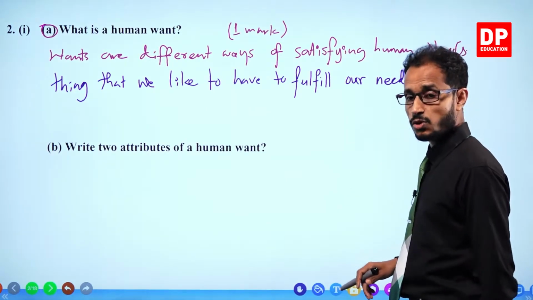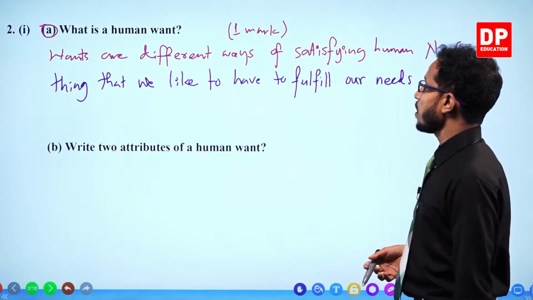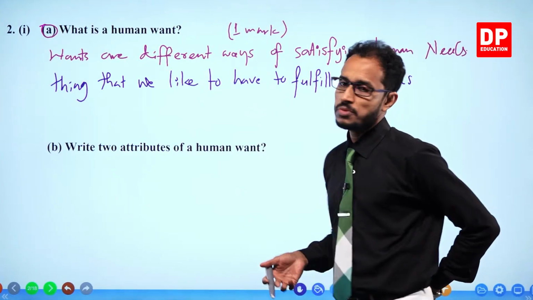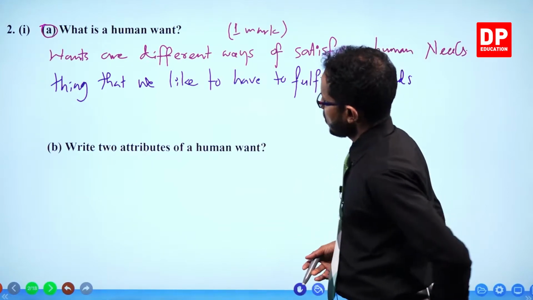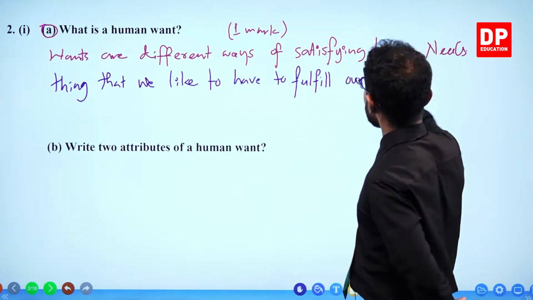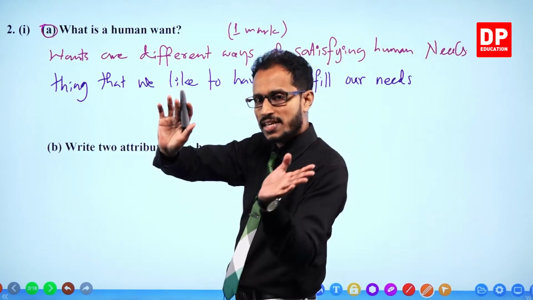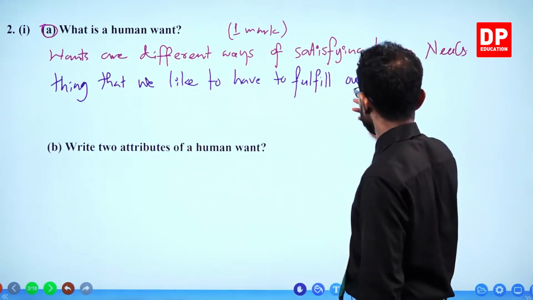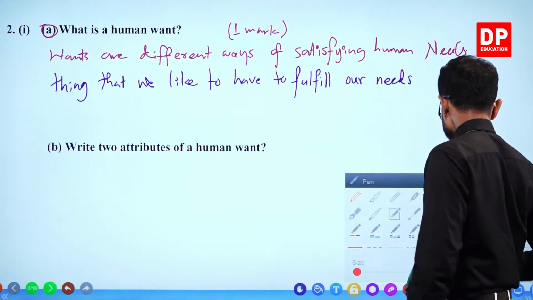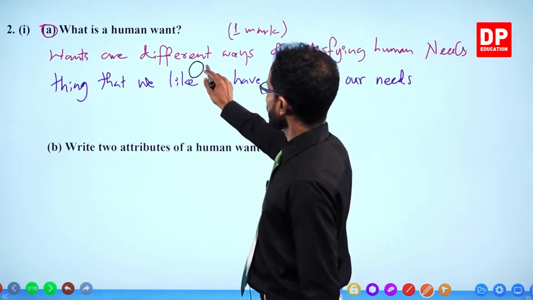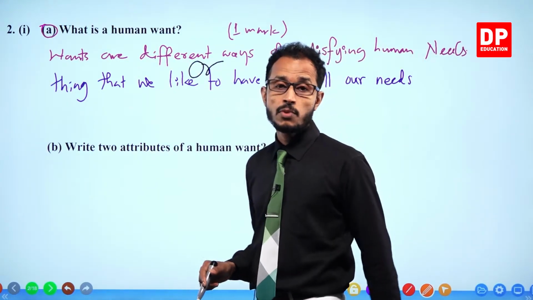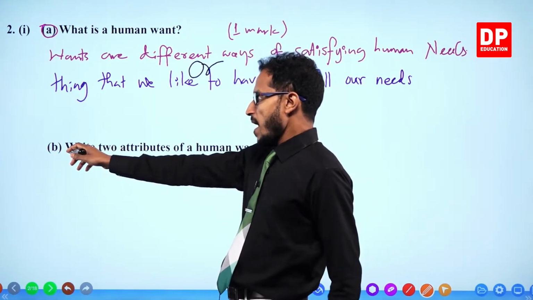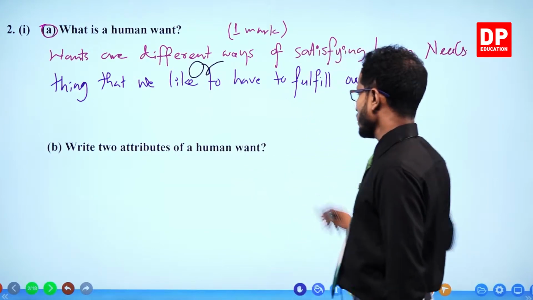That's right, that is also a definition, an acceptable answer for this question. What is a human want? Wants are different ways of satisfying needs, or you can say things that we like to have to fulfill our needs. But don't write both, okay? It's useless. B part: 2 attributes of a human want.